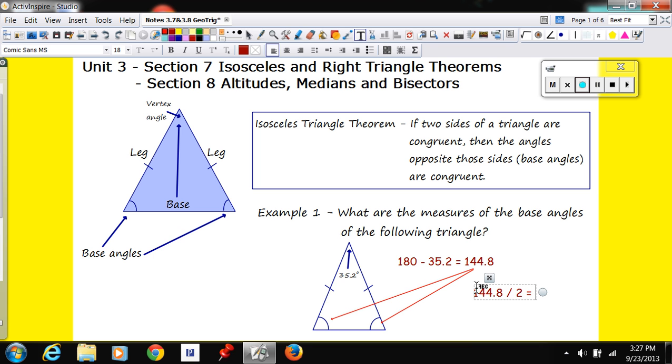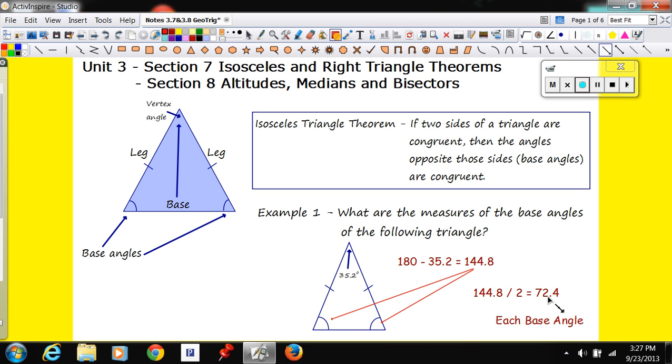You're going to get 72.4 degrees. So 72.4 is what each angle would have to be. Each base angle would be that amount.